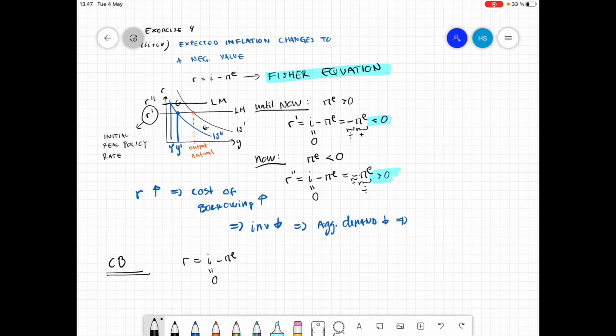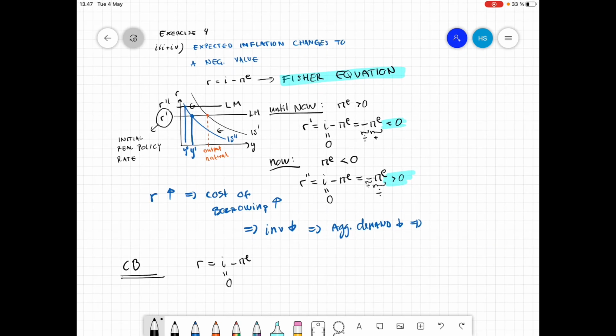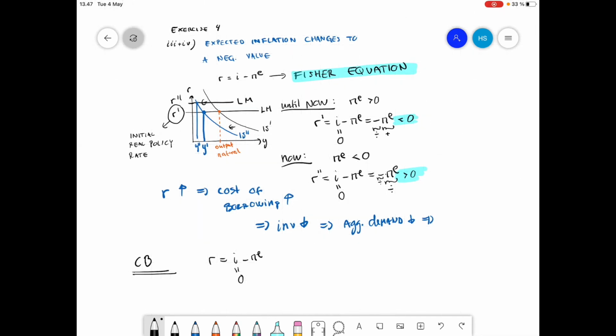Since they can't lower the nominal interest rate anymore, they cannot affect the real policy rate and thereby enhance investments in the overall economy. So, in other words, the central bank cannot offset the recessionary effects of the contractionary fiscal policy and cannot thereby bring output back to the natural level.